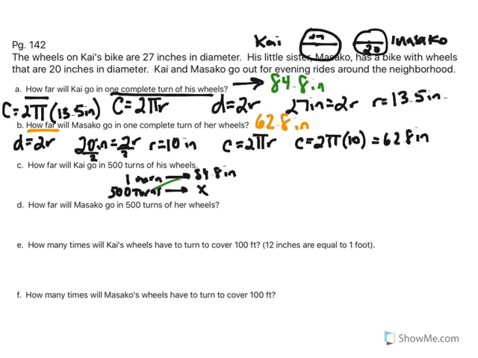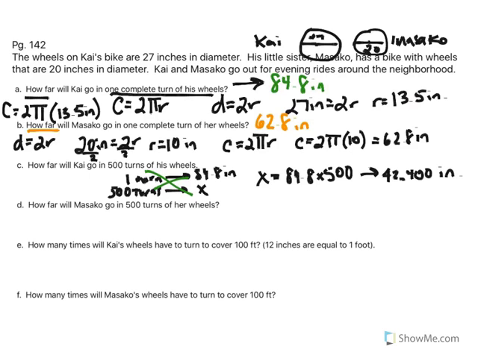So let's cross multiply, and we get X equals 84.8 times 500, which equals 42,400 inches.